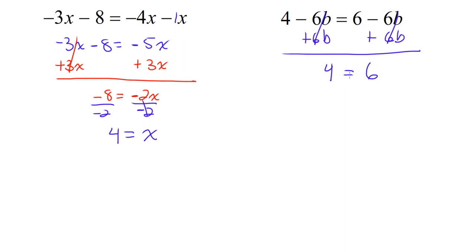Well, 4 doesn't equal 6. So this is a false statement. But remember, this is not the answer. The answer, when you get a false statement like this, that both variables get eliminated, and you end up with a false statement like this, the answer is no solution.